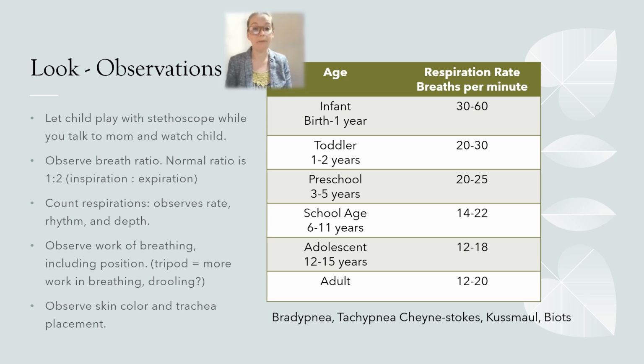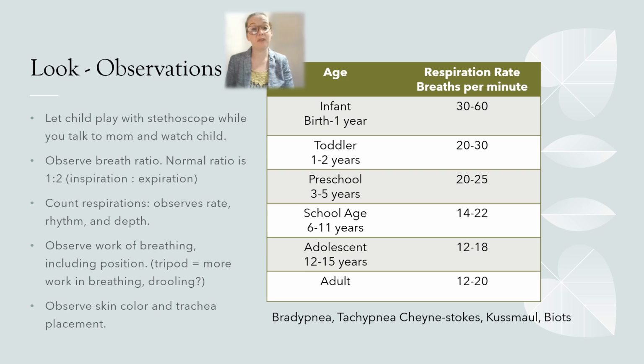One of the reasons that I say rate, rhythm, and depth is because sometimes you will have different rhythms of breathing. So you could have bradypnea, where your breaths are below the breaths per minute, and you'll see in that graph there the different ages in the normal breaths per minute.